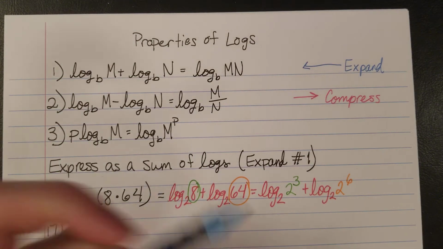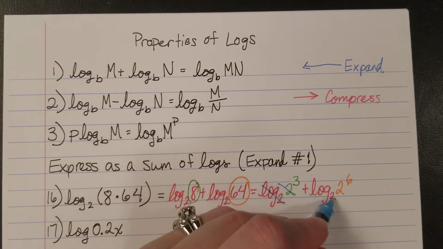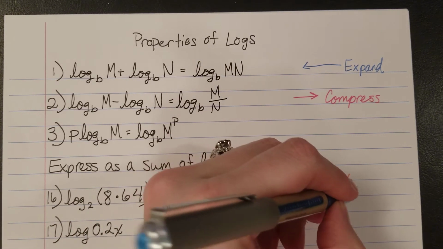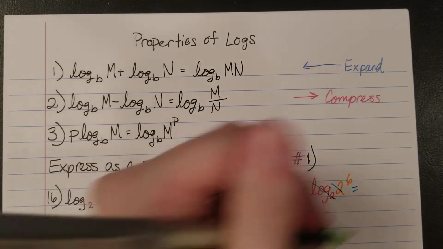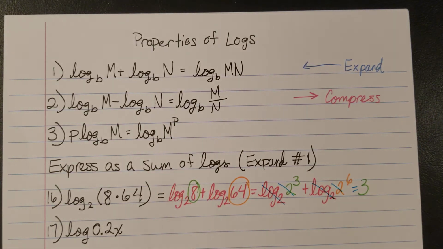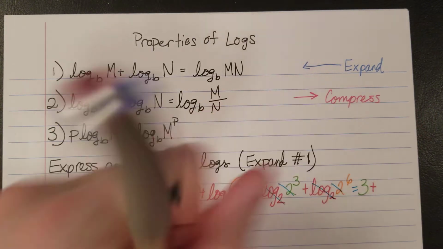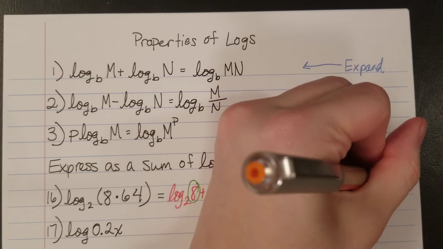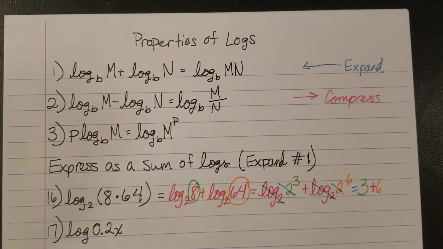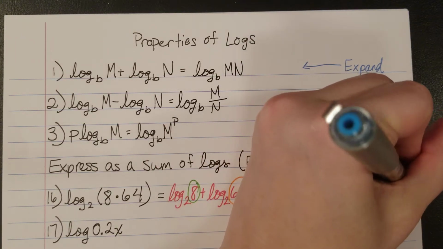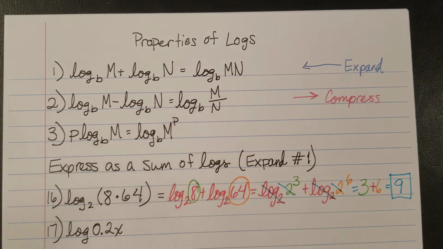So then this cancels, and you end up with 3 plus 6, which of course is equal to 9. So the final answer there is 9. You always want to simplify as much as you can.